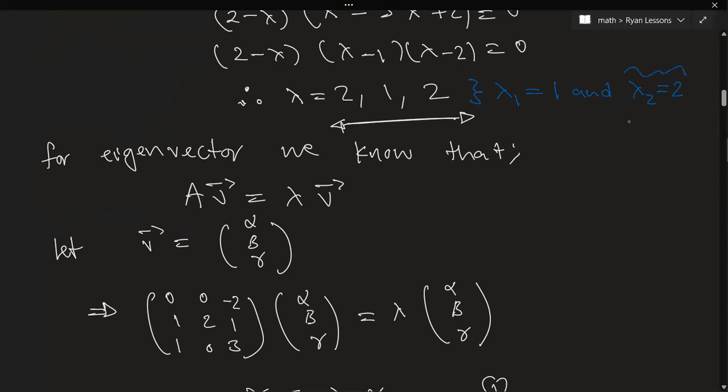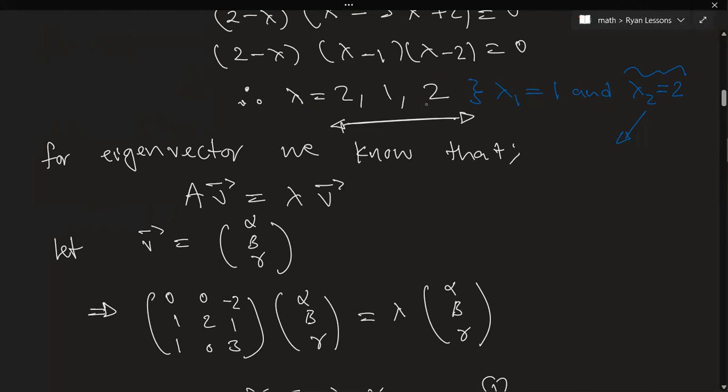Whenever an eigenvalue appears as a root of the characteristic equation more than once, we refer to this as the algebraic multiplicity of this eigenvalue.